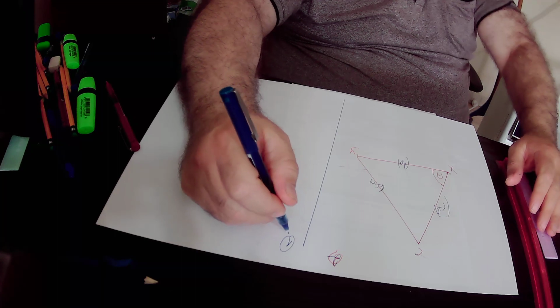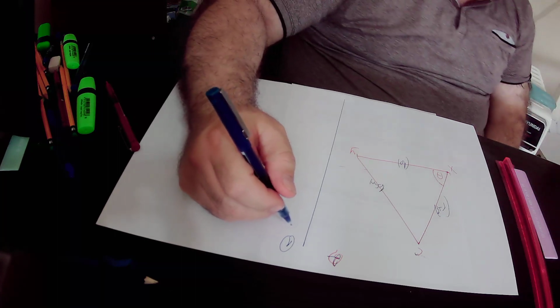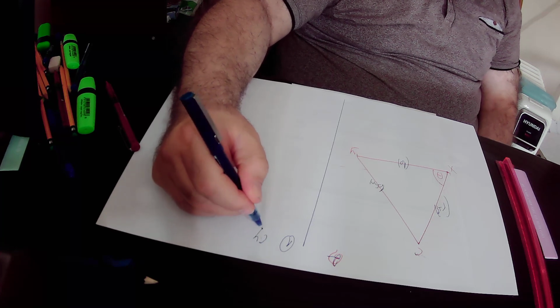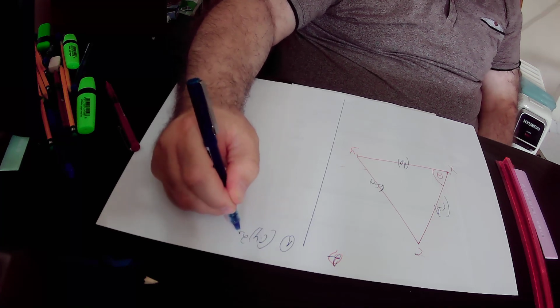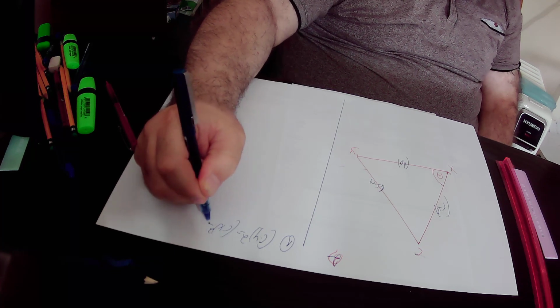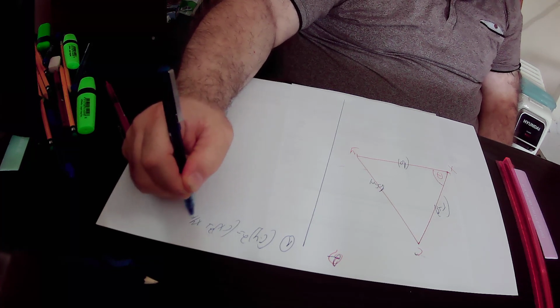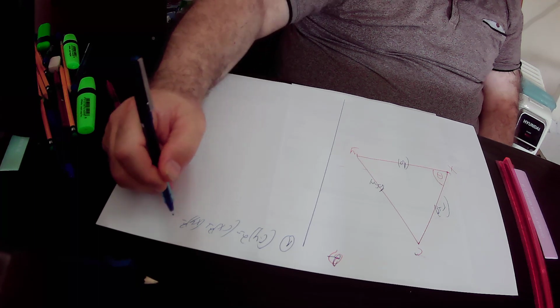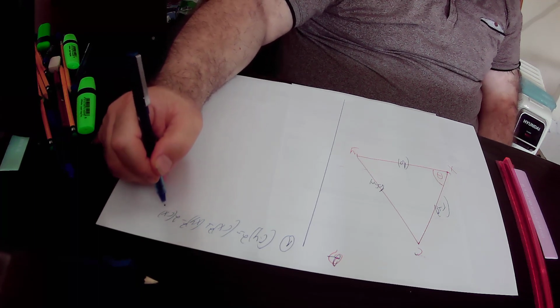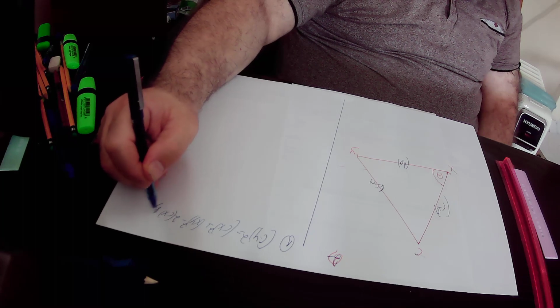We will get that CY squared equals CX squared plus XY squared plus 2 times CX, XY times cosine theta.